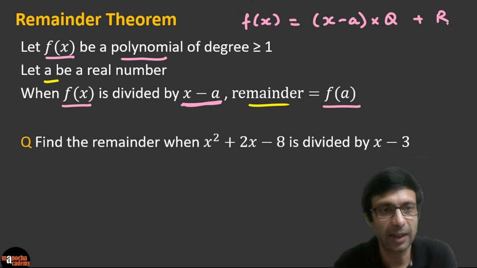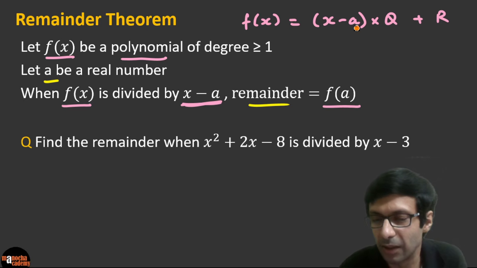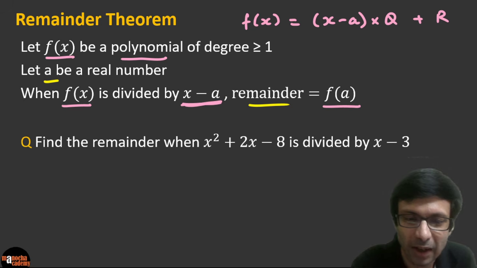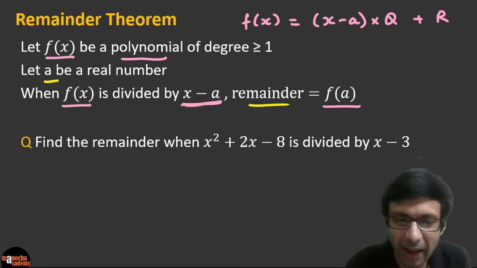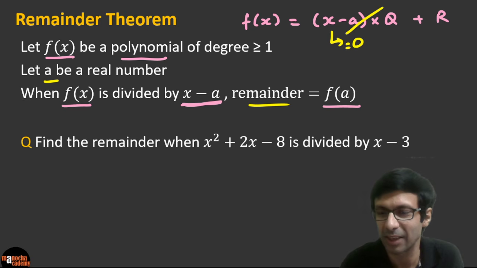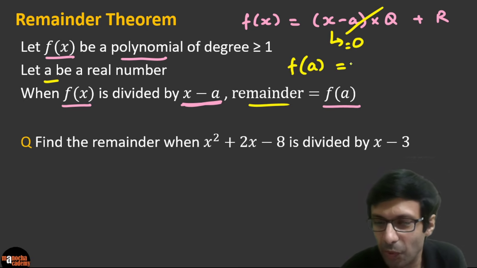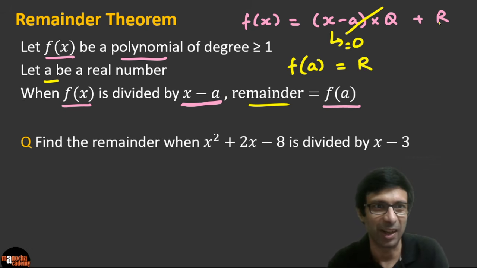So we can express any polynomial as, this is the polynomial or the dividend equals the divisor times quotient plus remainder. And now when you find f of a, you're setting x minus a equal to 0. So when you set this equal to 0, this entire term is going to get cancelled. So you can see that f of a will equal the remainder. So this is the entire concept, guys.